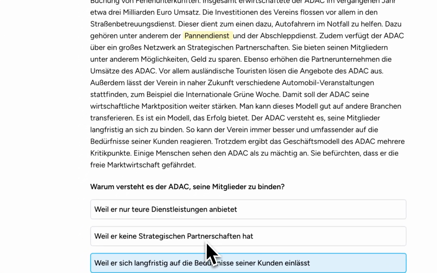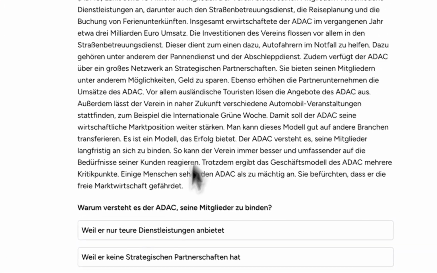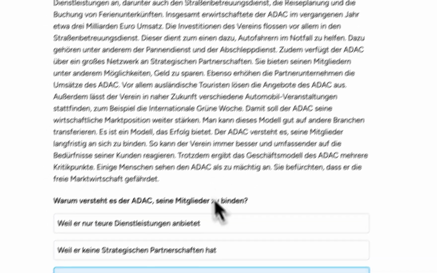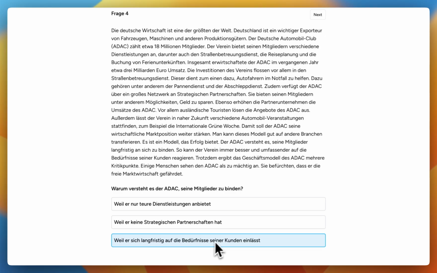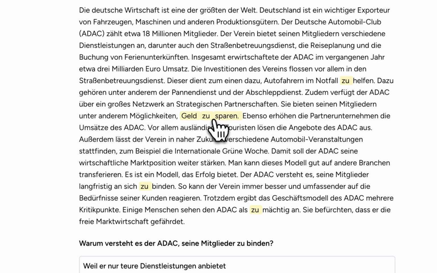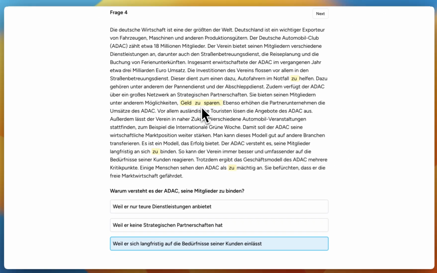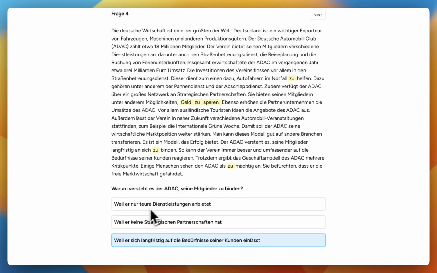We're looking for the word binden, Mitglieder, and then strategic and partnership or Bedürfnis. I see something. Geld zu sparen. So Geld zu sparen, sparen means to save. So it shouldn't be expensive. It's helping people save money, right? So it shouldn't be expensive. So this should be already eliminated.